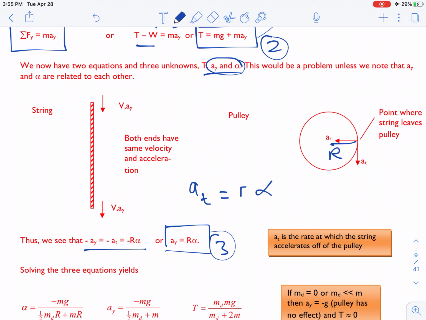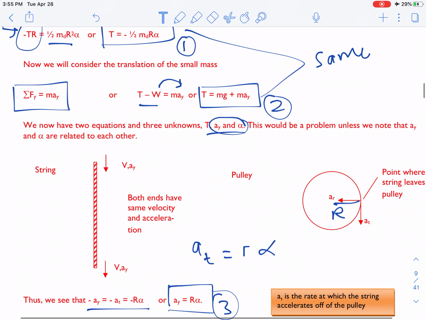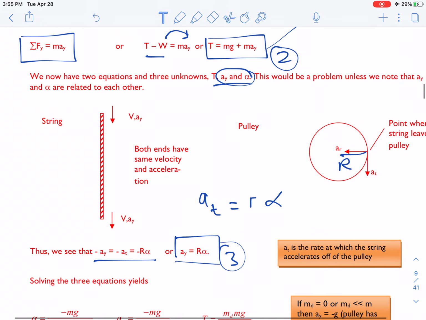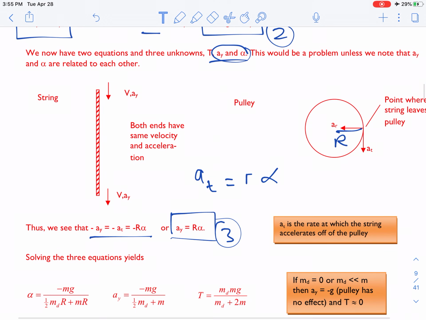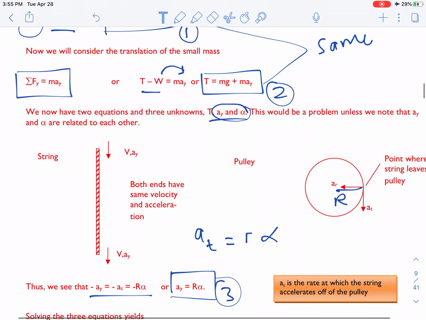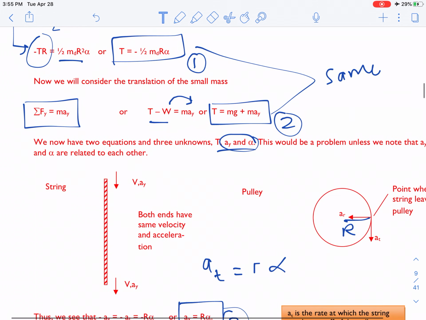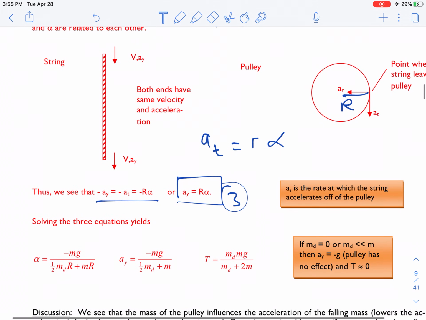You can get rid of the tensions first, maybe by making equation 1 equal to 2 and getting that relation, and after that plug AY into the second equation, so everything will be in terms of alpha, and you can solve for it, and this is the answer you get.